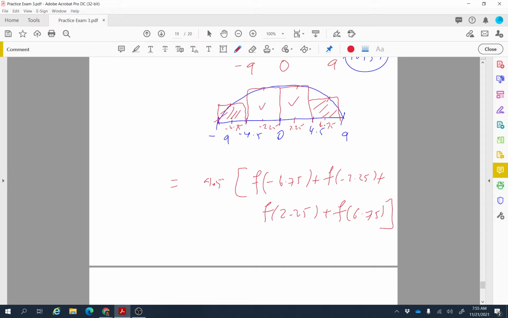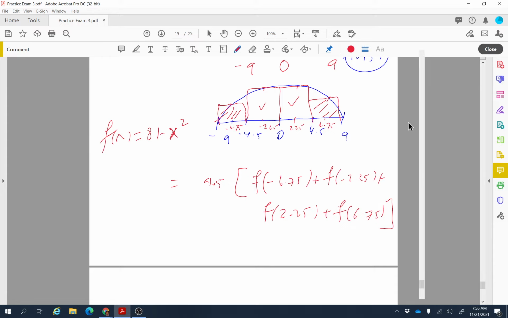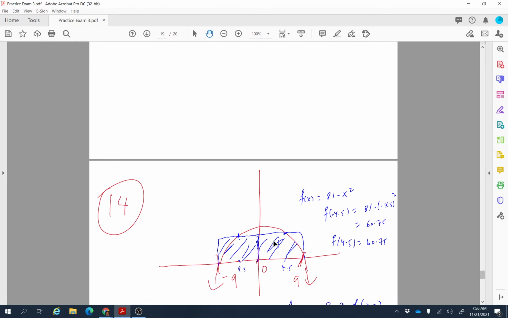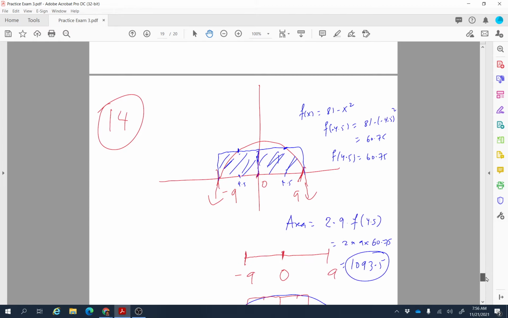Just plug the value into this function, and remember, when you try to find the value of the function at negative 6.75 or positive 6.75, they will be the same thing. They will give you the same answer, because the function itself is 81 minus x squared. So no matter what x you pick, either positive or negative, that will be the same answer. So do exactly the same thing we did before while using the two rectangles only. We found the value of the function at those midpoints.